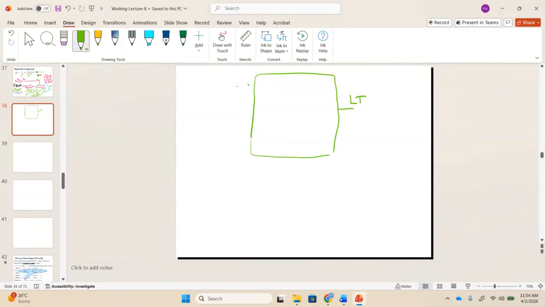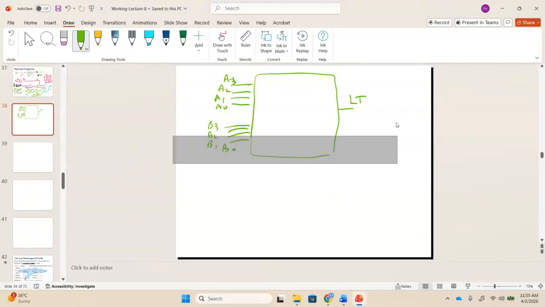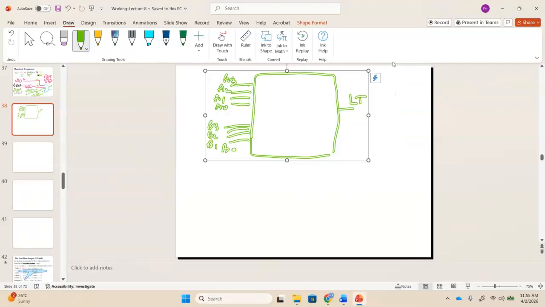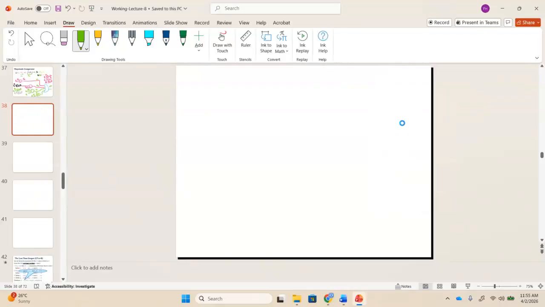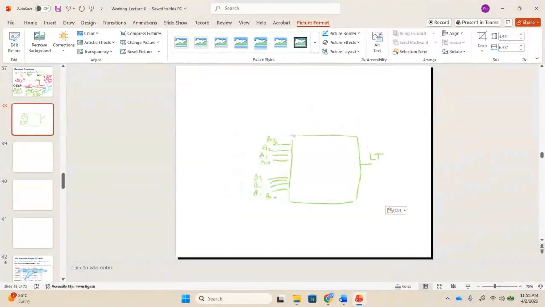Since we want to design for LT, we have A3, A2, A1 and A0, and then we have B3, B2, B1, and B0. What should we do for LT? Can anyone explain?